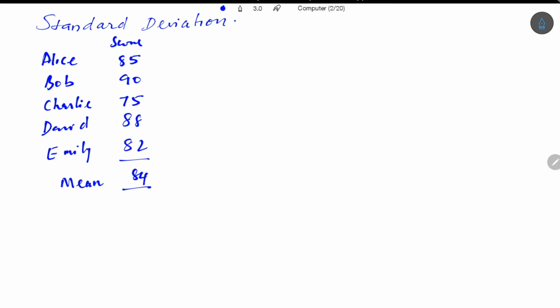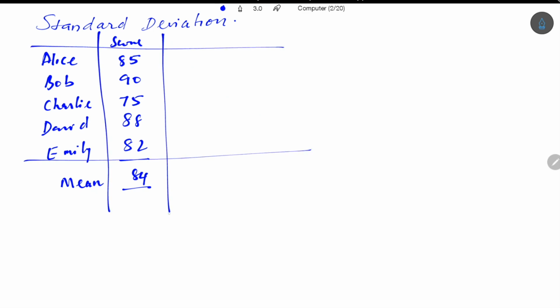Okay. After finding the mean, you need to find the distance from the mean. Mean is 84. Distance from mean: 85 minus 84 equals 1.